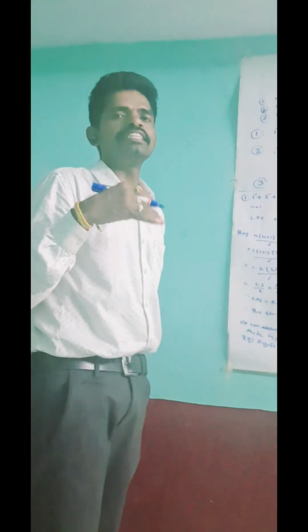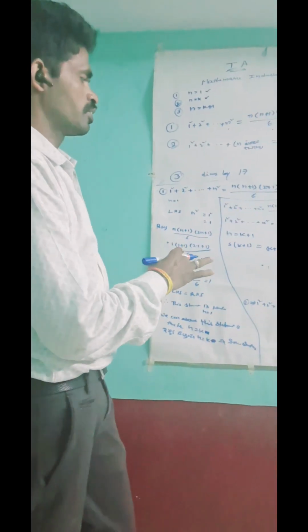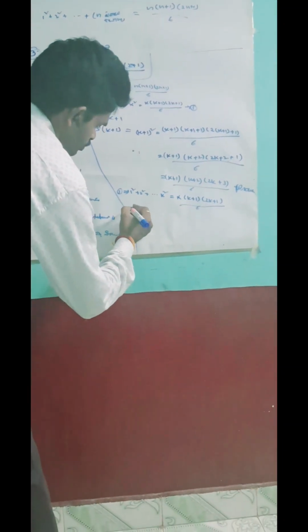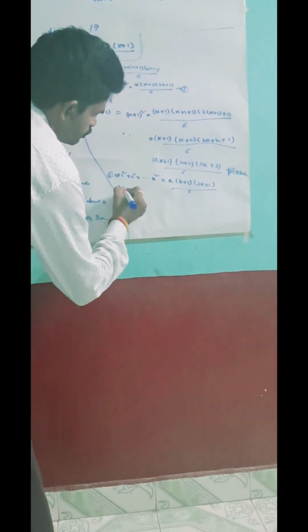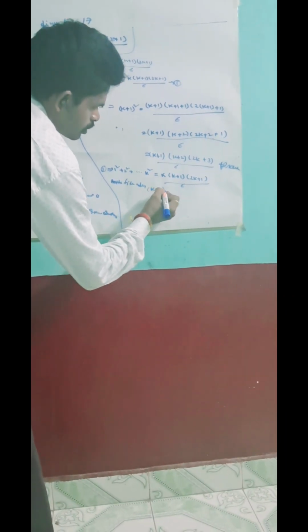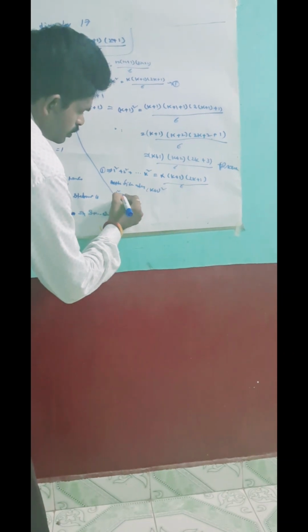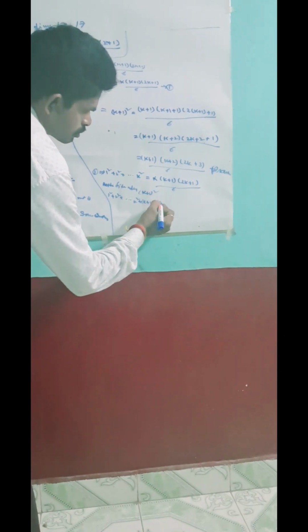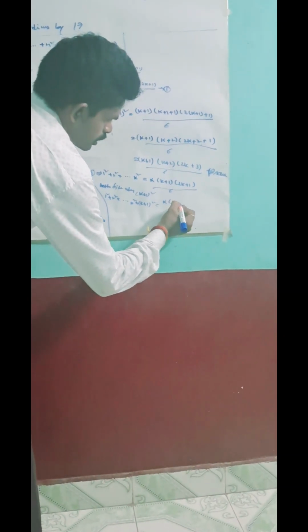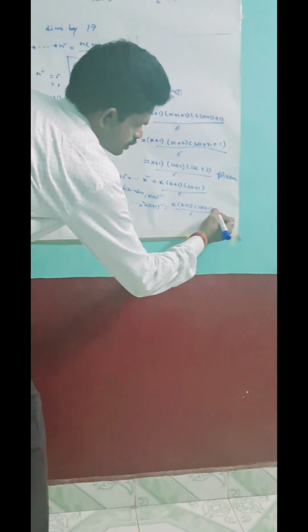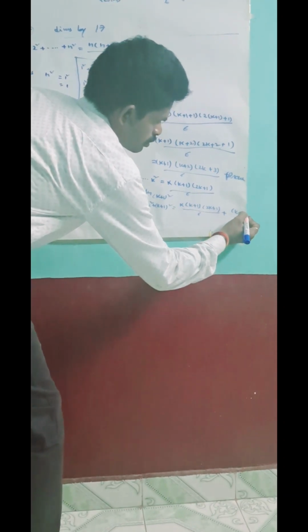So both side adding k plus 1 whole square. So that means 1 square plus 2 square plus so on k square plus k plus 1 whole square is equal to k into k plus 1 into 2k plus 1 by 6 plus k plus 1 whole square.